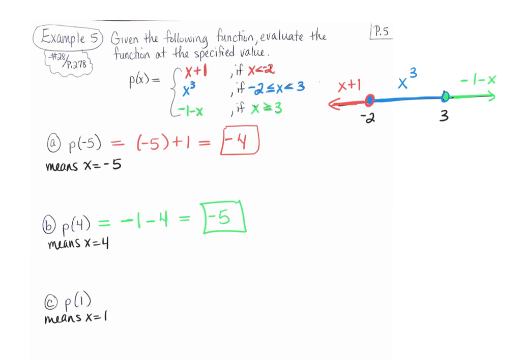We're using the second part of the function because you have -2 here and 3 here. 1 is here. Good. So then what? We have 1 cubed, which is 1. That's that. What questions do you have? You'll see this type of problem again.